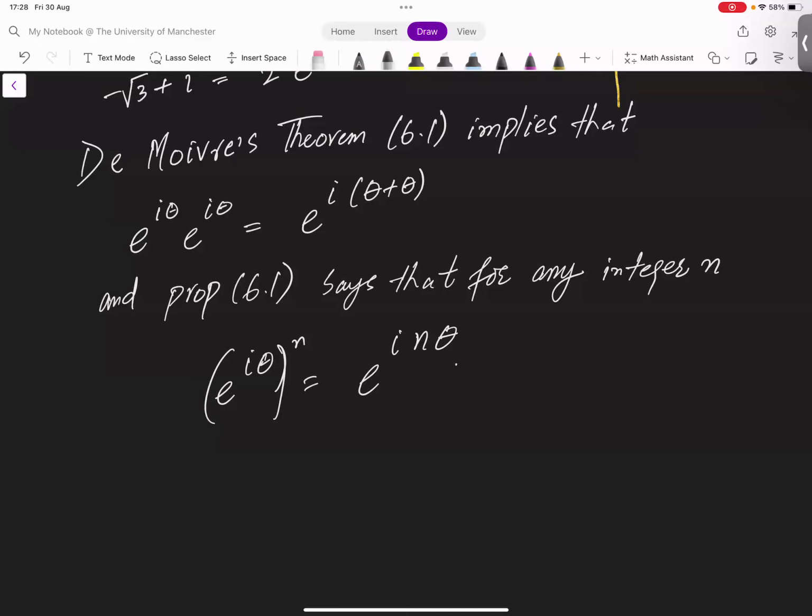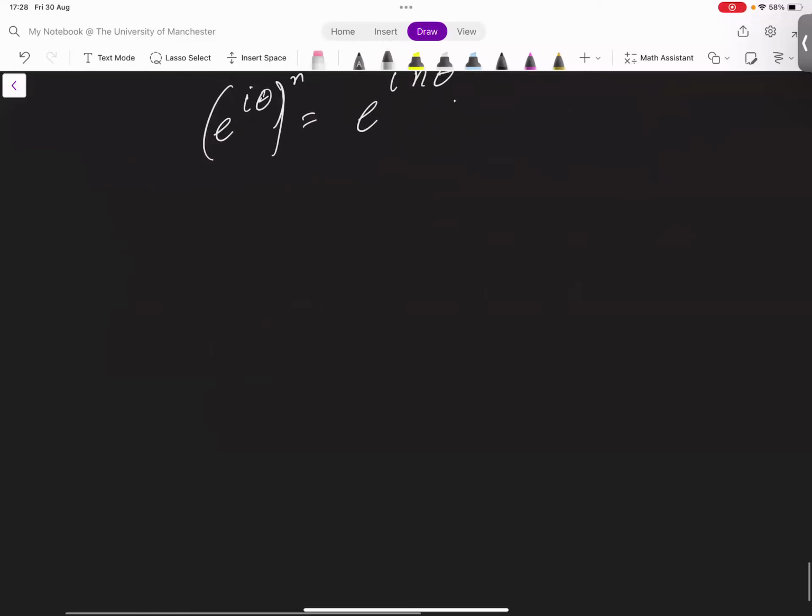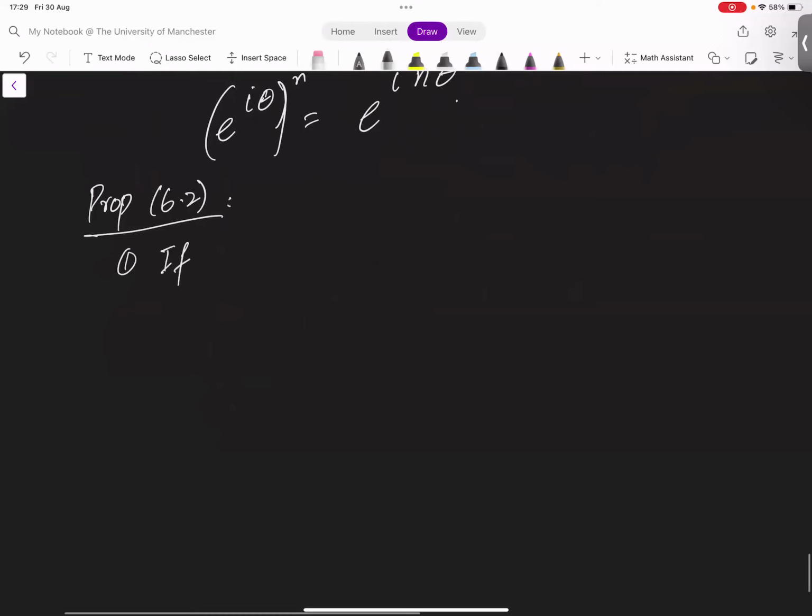Proposition 6.2 says that, one, if z is r e^{iθ}, then z bar is r e^{-iθ}.